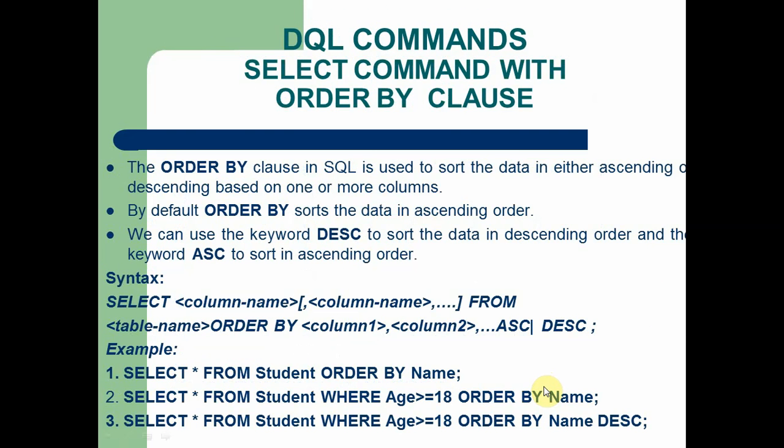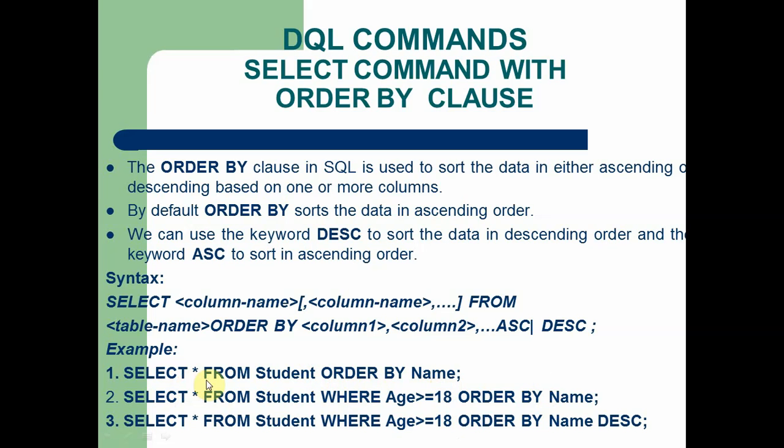The order by clause is used in SQL to sort the data. Sorting means arranging the data from the table and displaying it based upon the order required by the user. There are only two orders, one is descending and another is ascending order. If the user wants to display the name in either ascending or descending order, he may use the order by clause. In the example you can see select asterisk from student order by name.